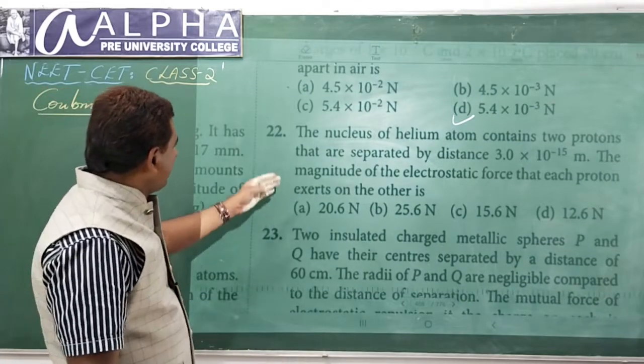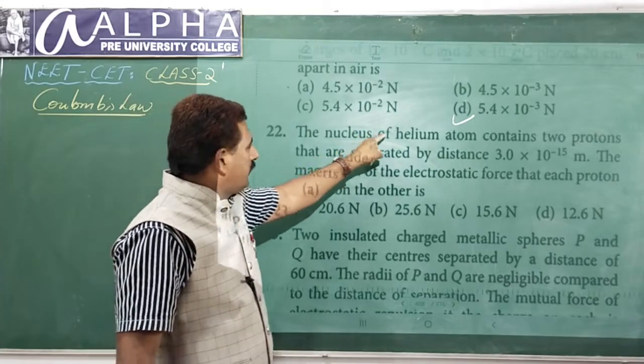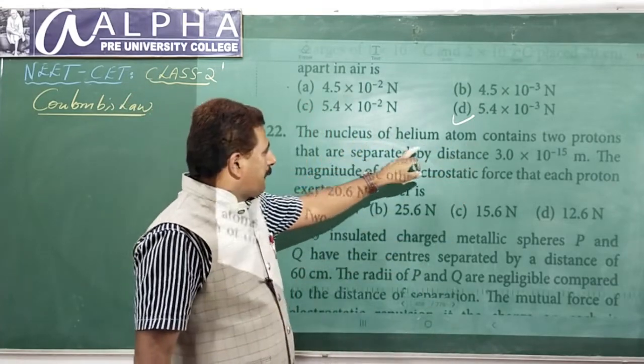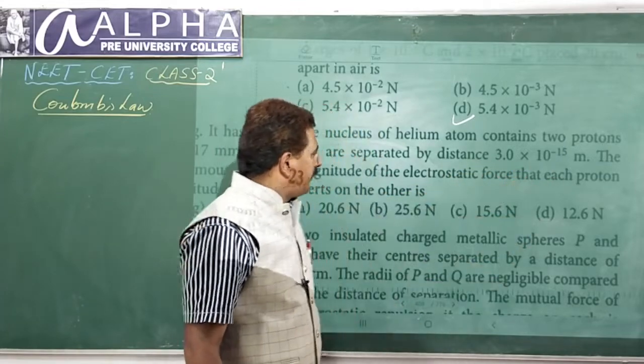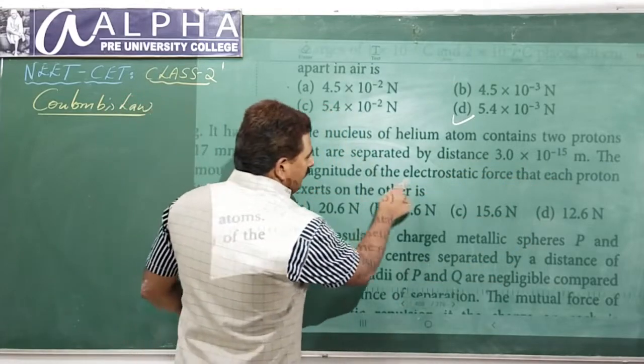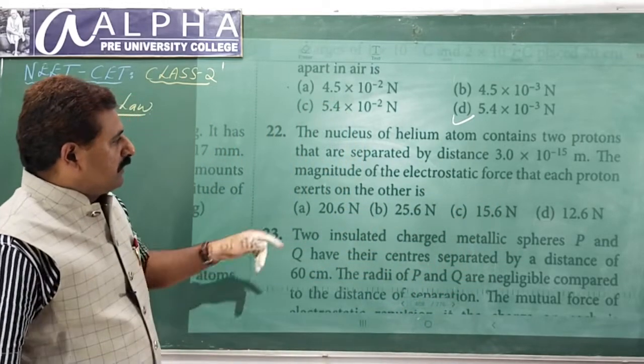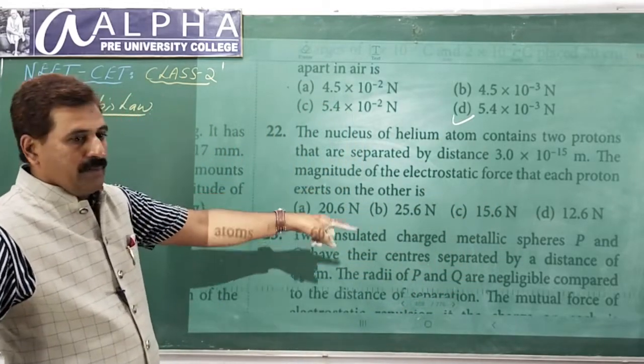Let's see what he says. The nucleus of a helium atom contains two protons separated by a distance 3 10 power minus 15 meter. The magnitude of the electrostatic force between each proton exerted by the other.